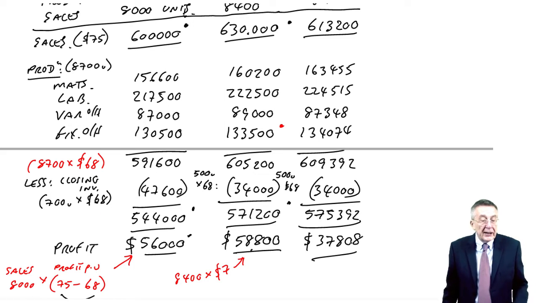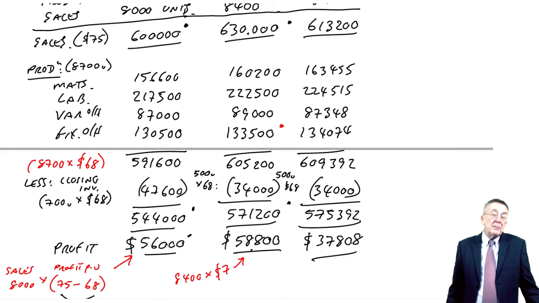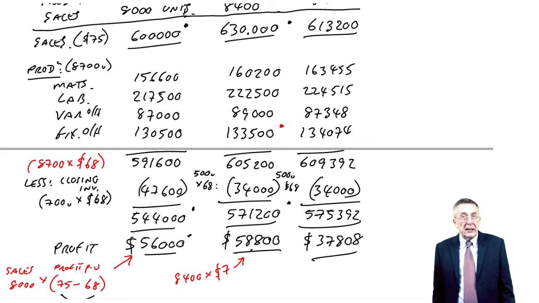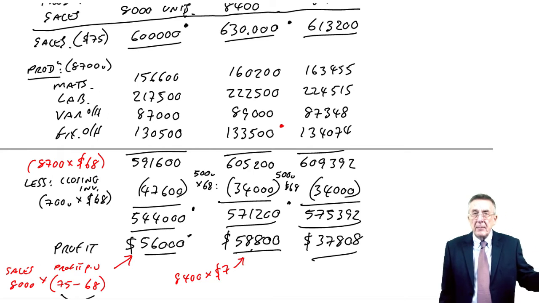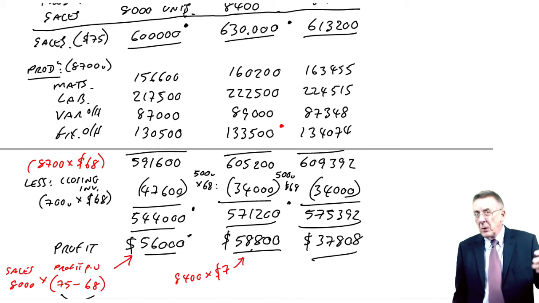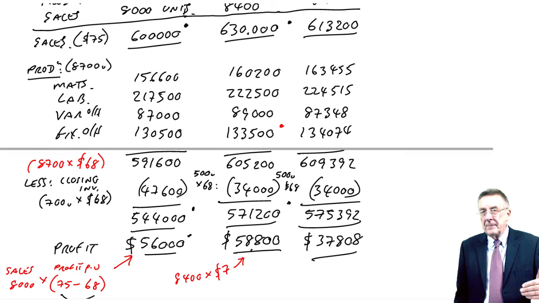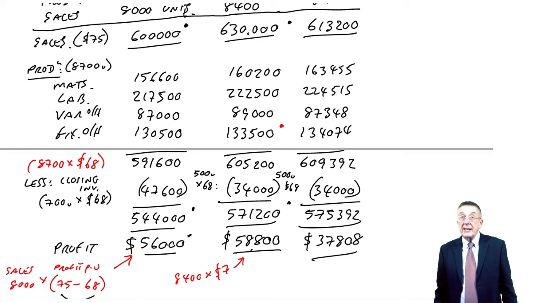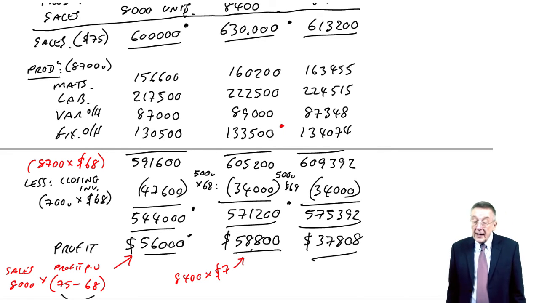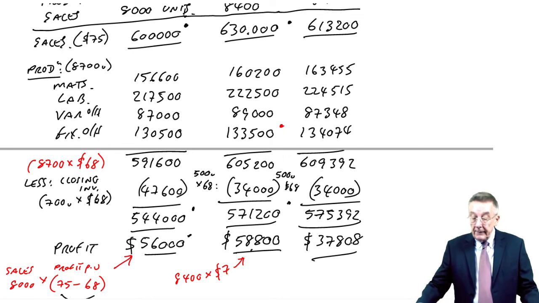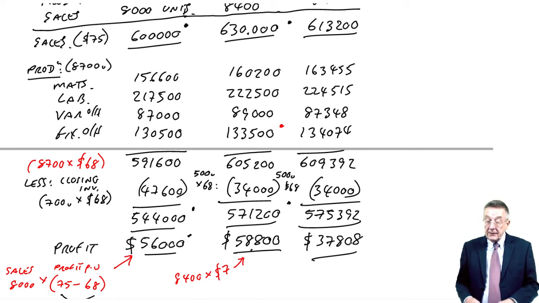Some months the actual cost per unit may be more than 68, some months less than 68. Well, it's going to be a bit ridiculous normally if we change the value of inventory month by month. Some months a bit more, some months a bit less. And so although we are allowed to change it, standardly, and certainly in paper F5, we keep the same standard cost throughout the year. It'll be 68 a unit.